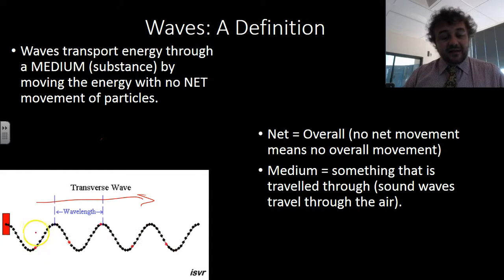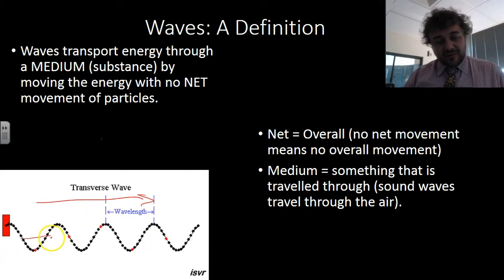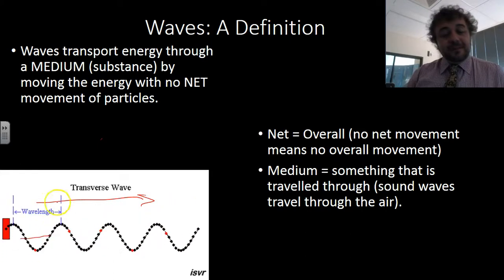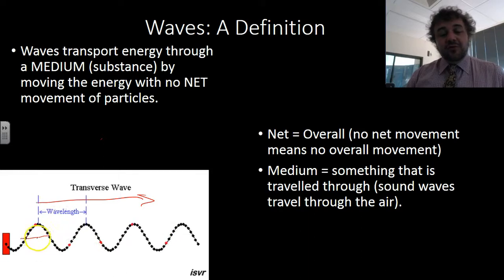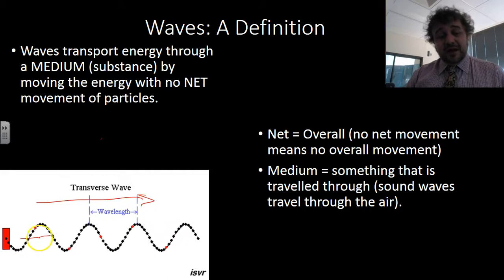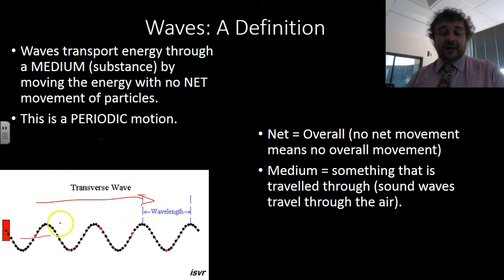It has an overall movement right in the middle, probably about here, where it comes backwards and forwards too. So it has an overall movement of 0, okay, because it always comes back to the middle point right here. And the energy is moving this way, but the particle is moving up and down.